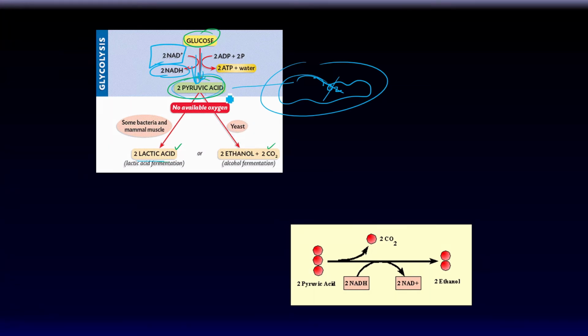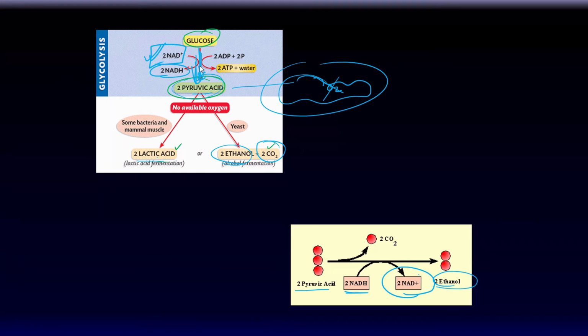Now, yeast take the pyruvic acid and produce ethanol out of it, and the byproduct of that is carbon dioxide. For us, when there's no oxygen available, we make lactic acid. For yeast, they convert pyruvic acid to ethanol, and this process uses NADH, regenerating NAD plus, so this process can continue.